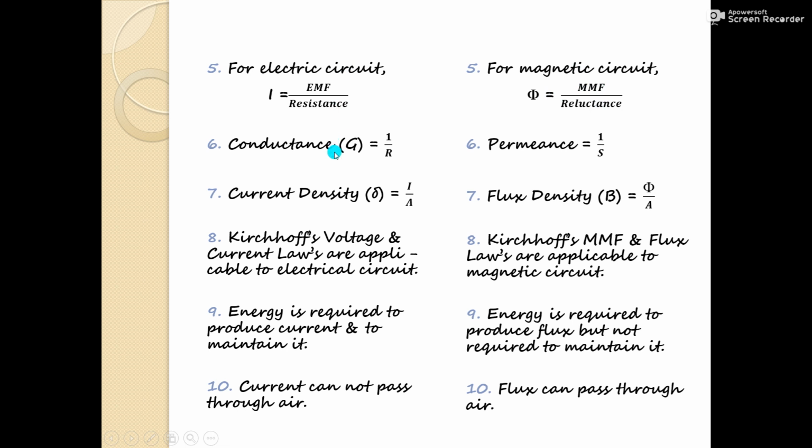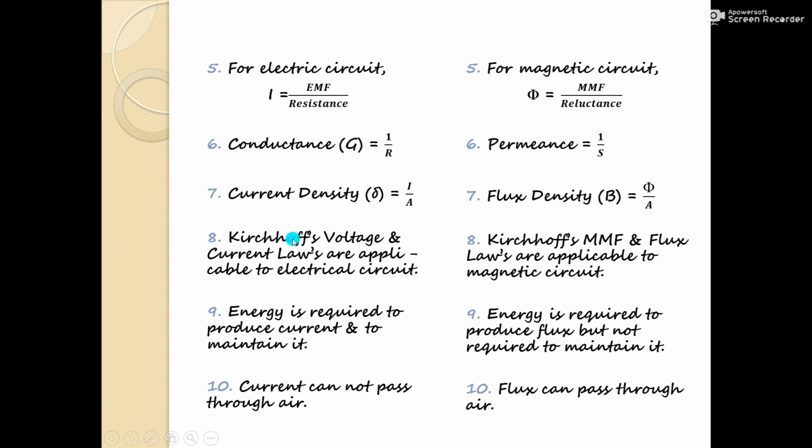In an electric circuit, we have seen the term conductance, which is the reciprocal of resistance. In a magnetic circuit, we have permeance, which is the reciprocal of reluctance. In an electric circuit, current density is there, which is nothing but I upon A. In a magnetic circuit, we have flux density, which is equal to magnetic flux per unit area.